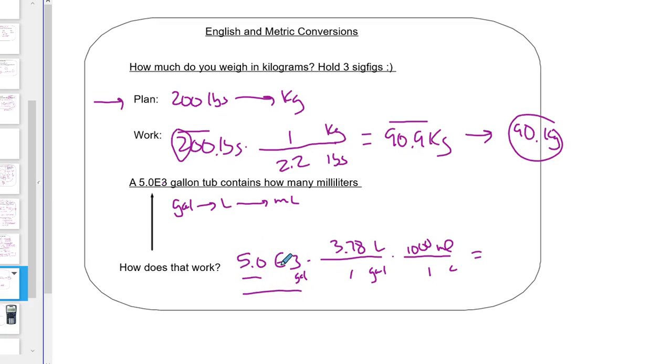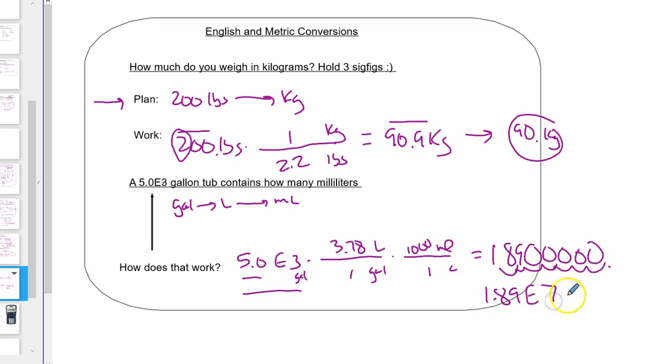Times 3.78 times 1,000 equals, alright, I got a pretty big number, 189, and then I got 1, 2, 3, 4, 5 zeros. So that would be 18.9 million. 1.89 e to the 1, 2, 3, 4, 5, 6, 7th.